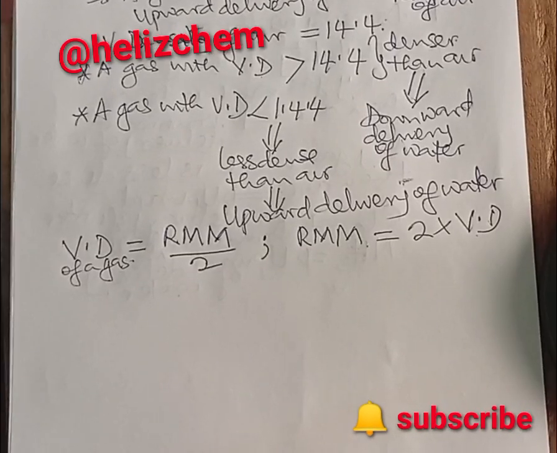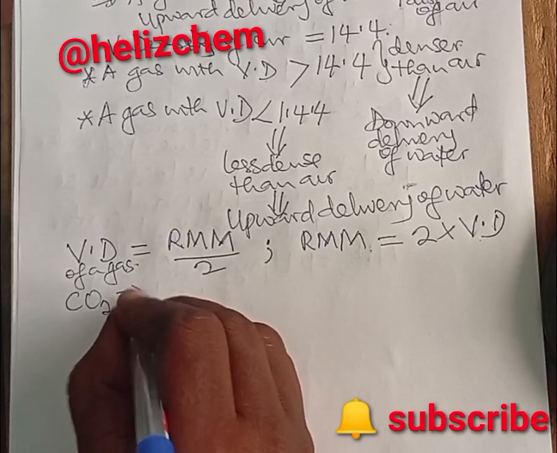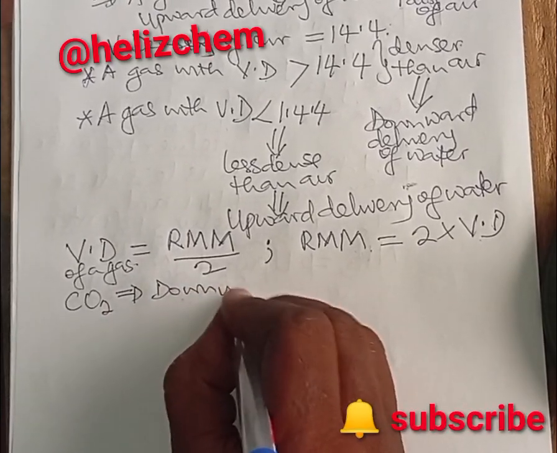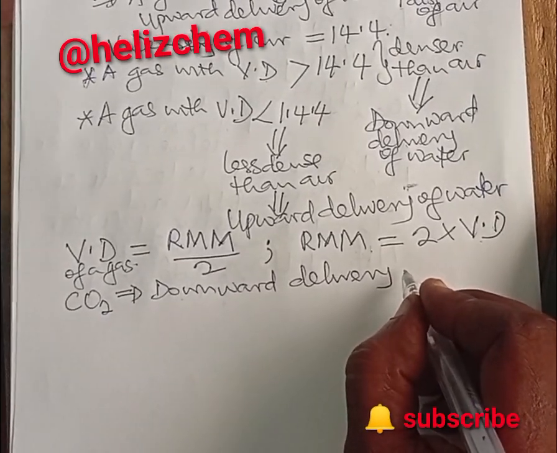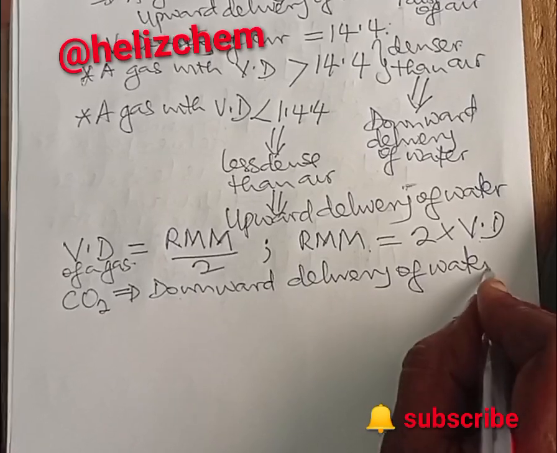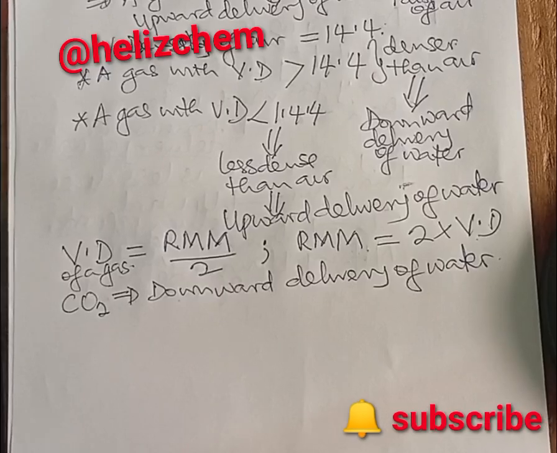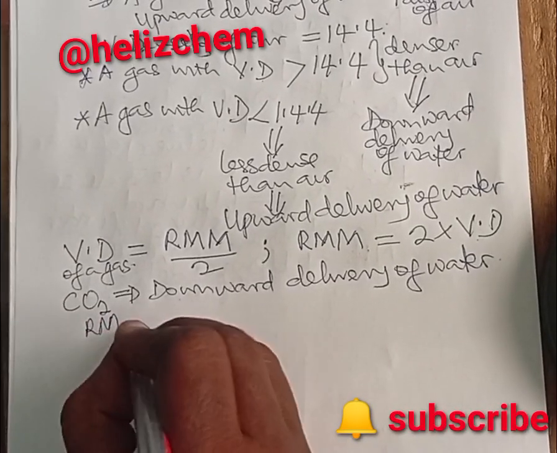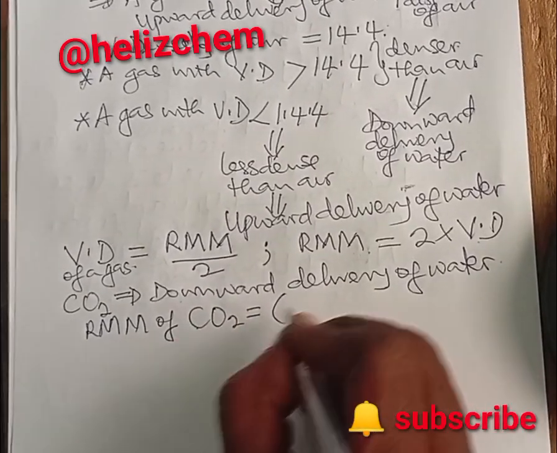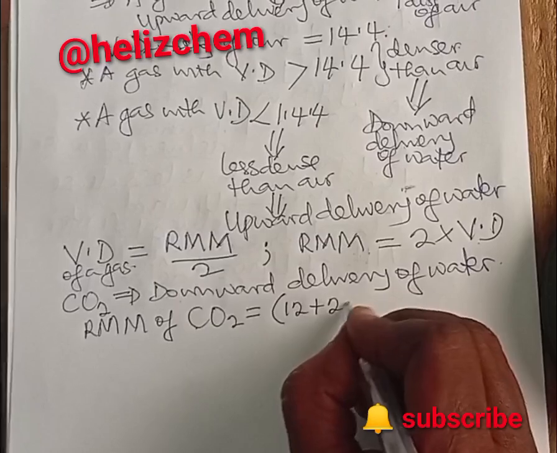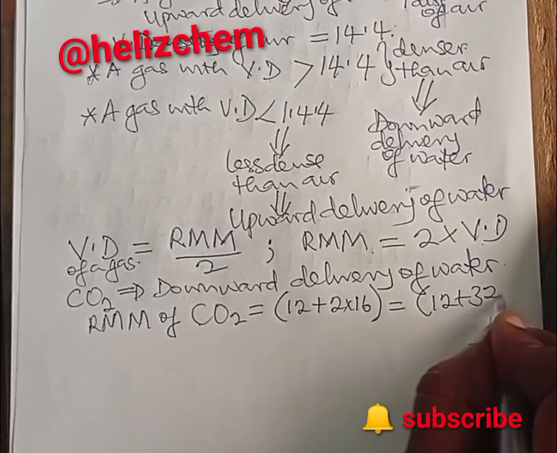In my last video, I said that CO2 will be collected by downward delivery of water because it is denser than air. Let us see how we come about that. The first thing is to find the relative molecular mass of CO2, which is carbon is 12, oxygen is 16, 2 times 16, and that will give us 12 plus 32.